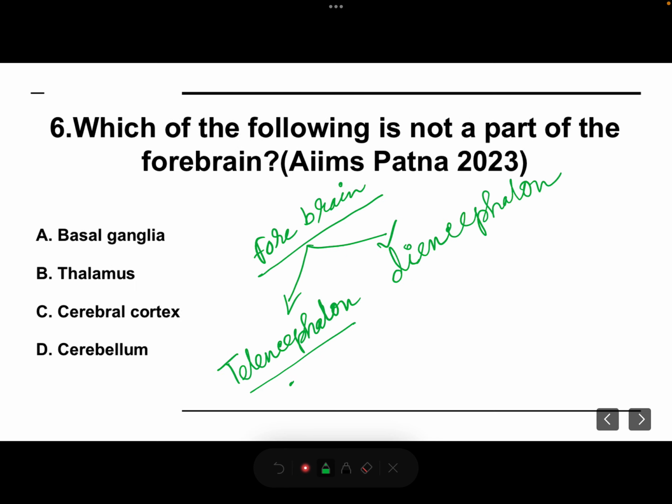Sorry, I have written this in the previous question.